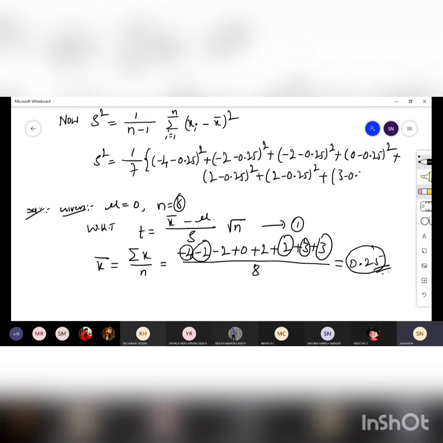Therefore 3 minus 0.25 whole square plus 3 minus 0.25 whole square. Okay na?